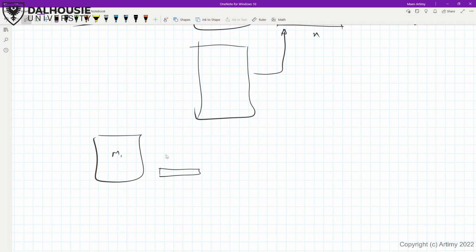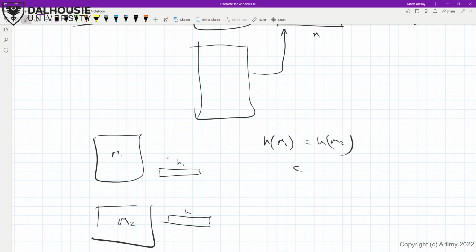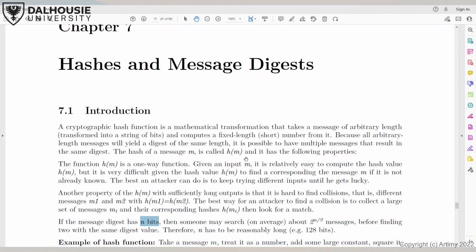The hacker will try to find another message, not the same one, that generates the same hash. So in this case, the hash of M1 equals the hash of M2, and that's the collision. We want to make sure that this possibility is small.